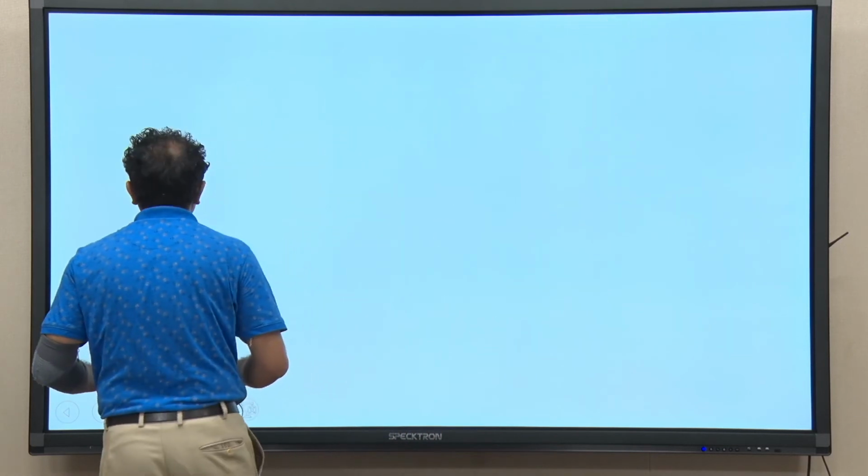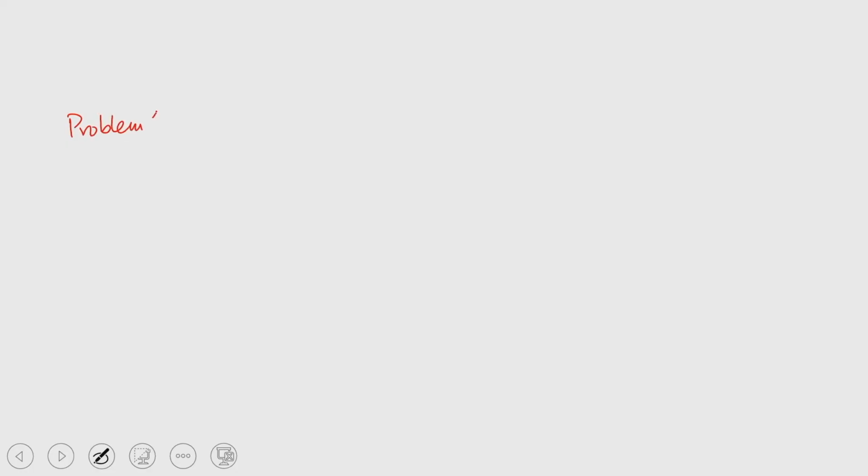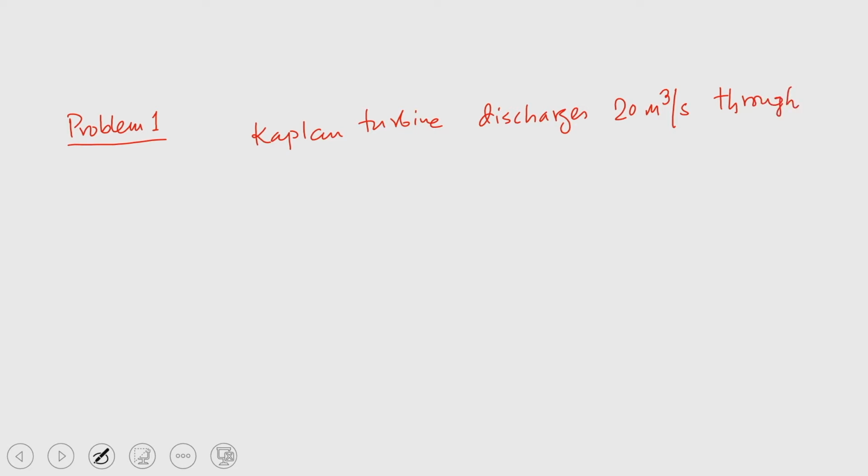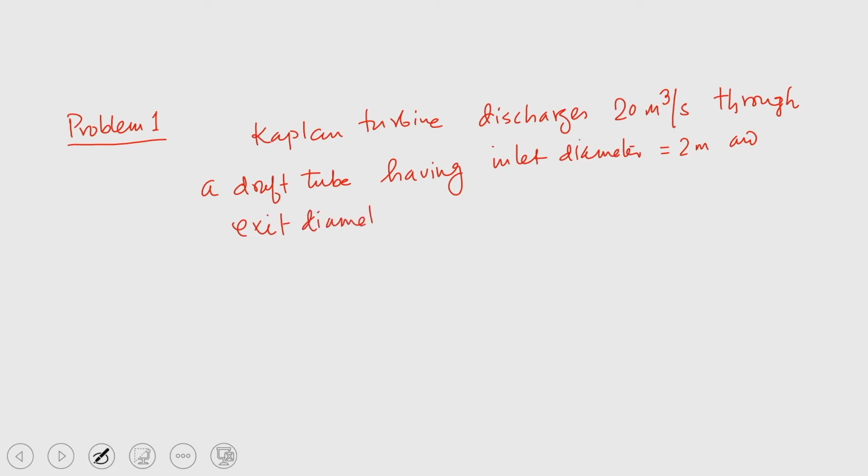Okay. So, problem 1, a numerical problem: a Kaplan turbine discharges 20 meter cube per second through a draft tube having inlet diameter equal to 2 meter and exit diameter equal to 3 meter.